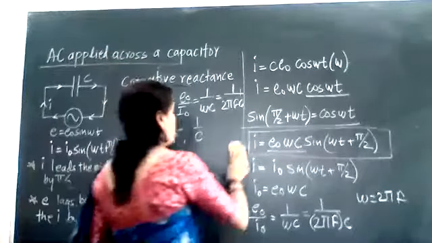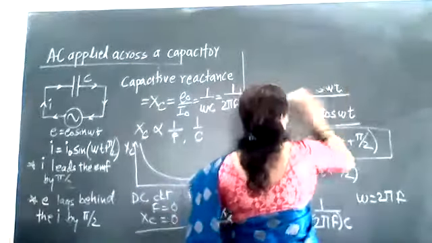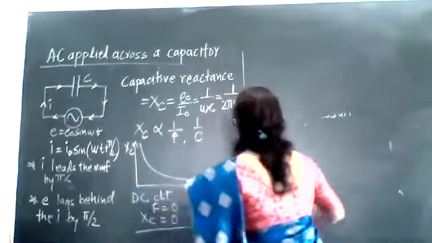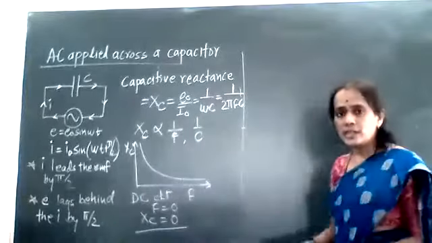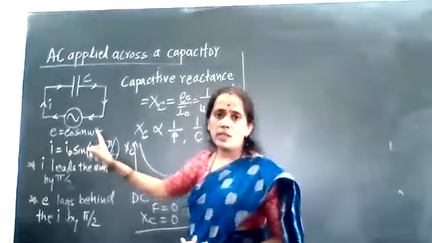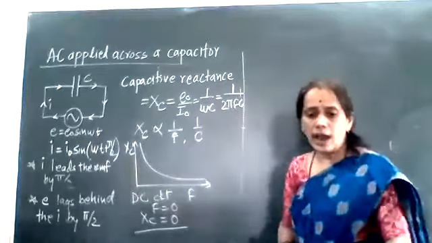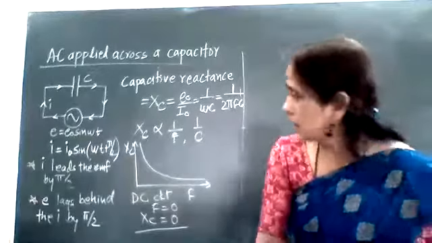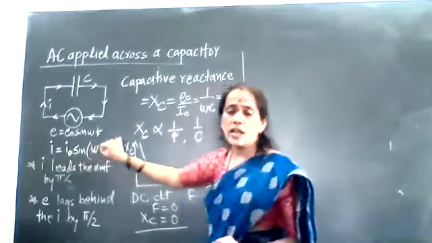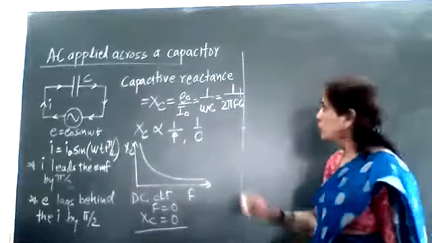Fine. Now, using your current equation and your EMF equation for a capacitive circuit. For a capacitive circuit, your EMF equation is E is equal to E0 sin omega t, and your current I is equal to I0 sin (omega t plus pi by 2).